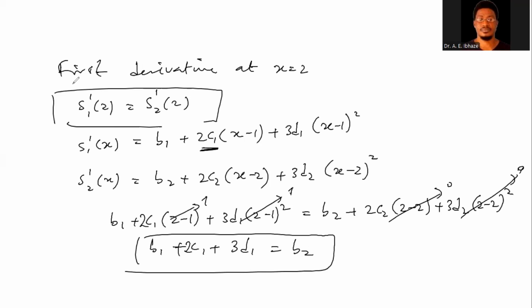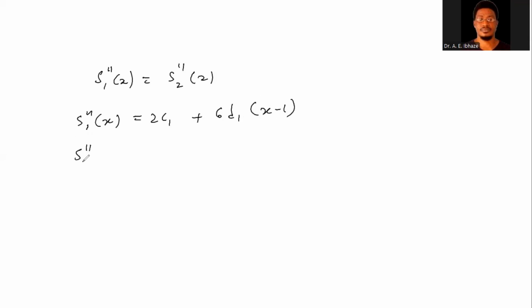And now we have to consider the second derivative continuity at x being the same as 2. So that the second derivative of S1 at 2 is the same as the second derivative of S2 at 2. And we already know that the second derivative of S1 of x is the same as 2C1 plus 6D1 into x minus 1, and the second derivative of S2 of x is the same as 2C2 plus 6D2 into x minus 2.